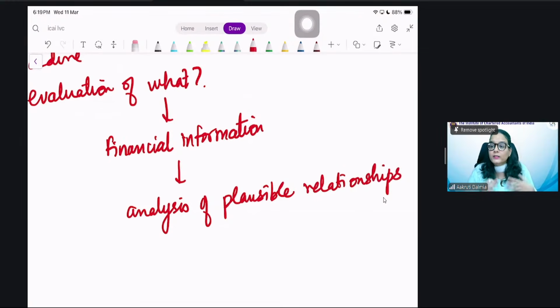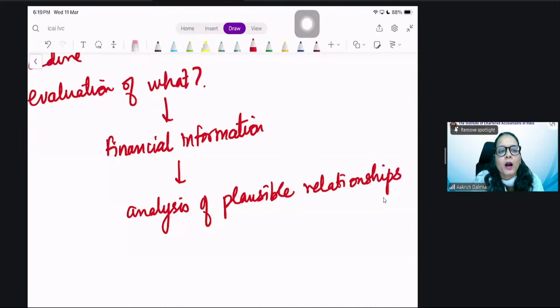So, here in the above example, what relationship did we create? We created a relationship between rent of our company and rent of industry in similar area. So you create some sort of comparative relationship. Plausible means some sort of comparative possible relationship between two things.